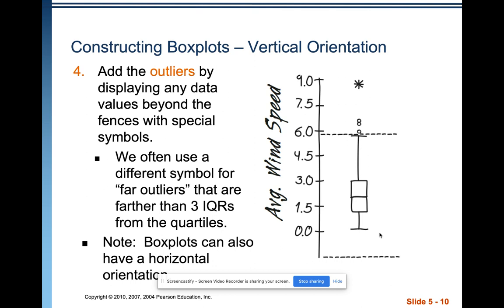From there, should we have any values that extend beyond the fences, we are going to mark them with a special symbol. Often we will use one symbol for just typical outliers that fall outside the fence, but anything that falls farther than 3 IQRs, we'll use an even more special symbol for those.